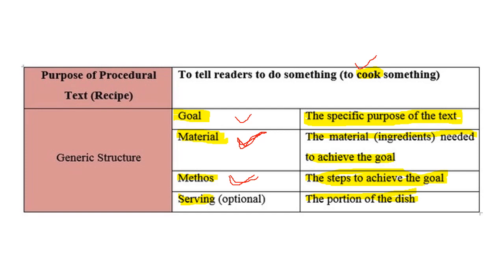How do you serve? Cara kamu menyajikannya. Okay, sajikan dalam keadaan hangat, for example, atau masakan ini untuk 3 orang, for example. So this is actually very optional. Dan ini hanya used if you want to write something to cook, for example. Right? Okay. Next.